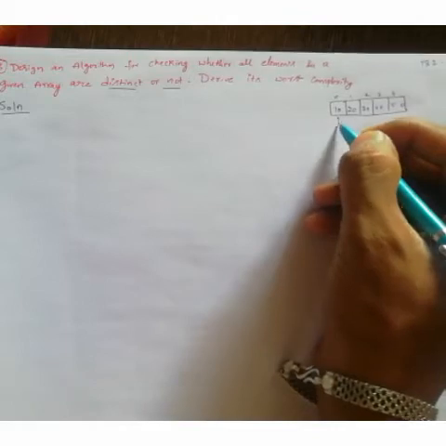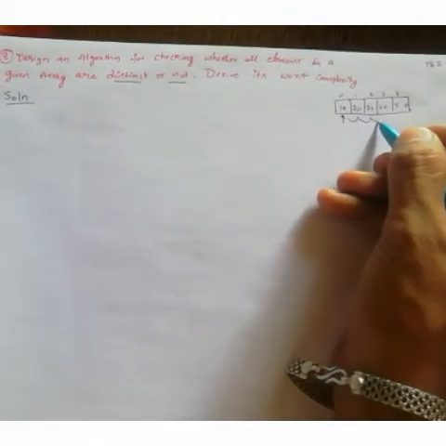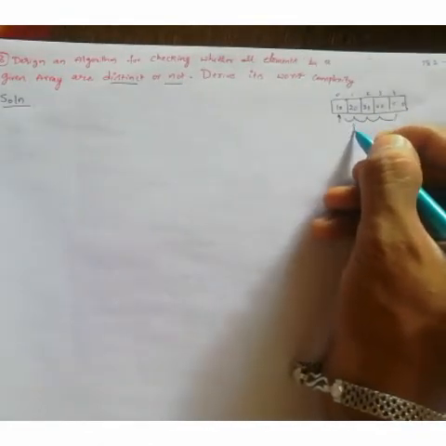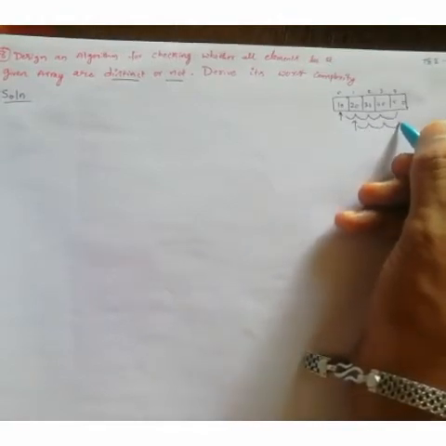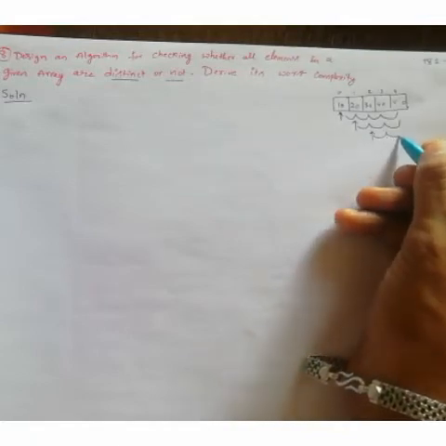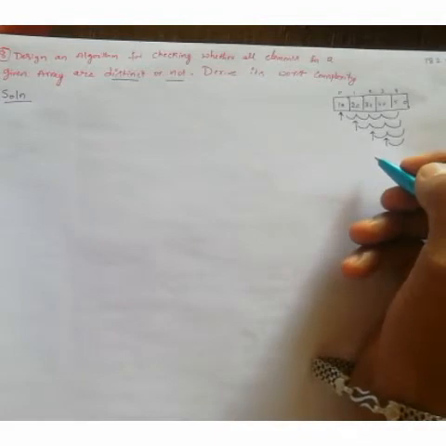First I will check this element with all the remaining elements. Next time I will check the second element with the remaining elements. Next time the third element with the remaining elements, and the fourth element with the remaining elements, like this.